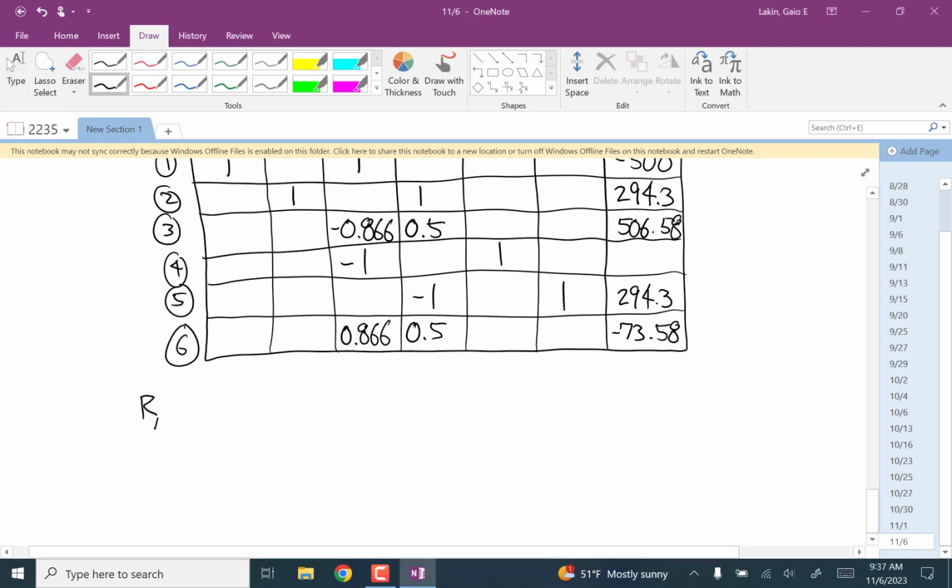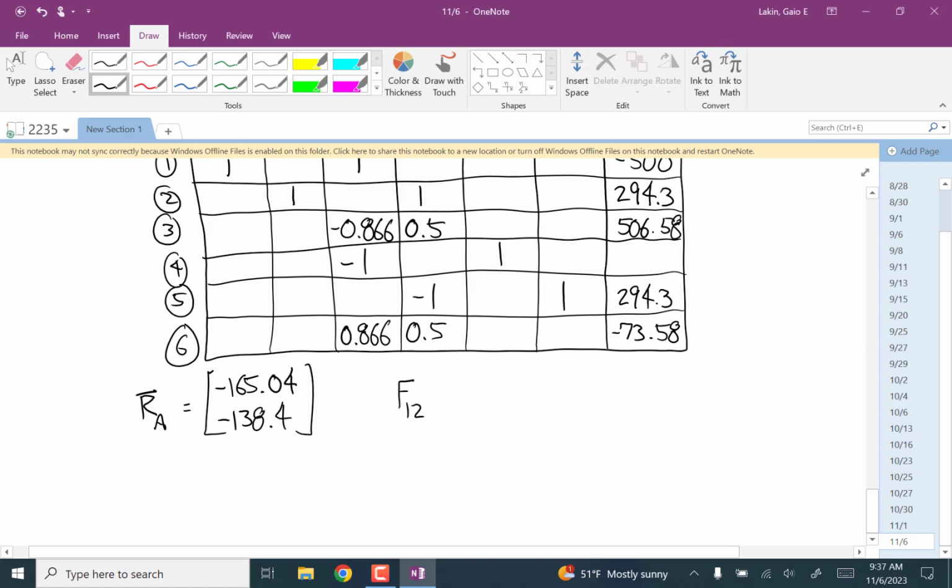So I got RA is equal to negative 165, negative 139. Did you guys get that? That's a good sign. I'm going to keep more digits than I usually do. That should be 165.04 and negative 138.4.